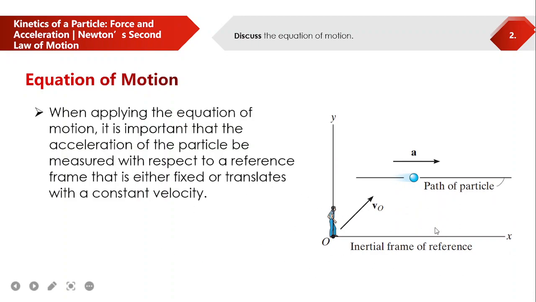If we apply the equation of motion, that all forces acting on the particle is equals to mass times acceleration, we need to have a reference frame. This reference frame is an inertial frame, the movement of the path of the particle is what we need, a reference that is either fixed or translates with a constant velocity.